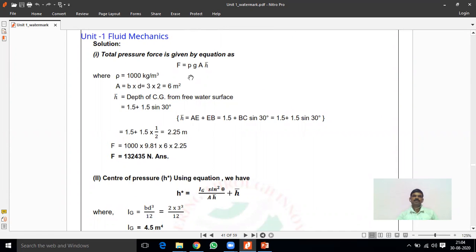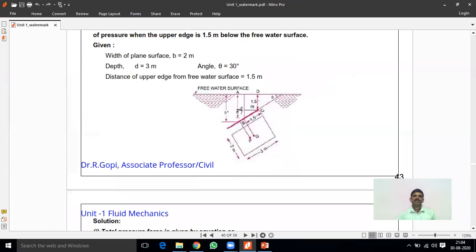So total pressure formula: rho g A h bar. Okay. So here h bar, this is the h bar from A point to B point. So here already it is 1.5 meter. So take this triangle, we need the opposite side. So 1.5 into sine 30 degree. Theta value is 30 degree.